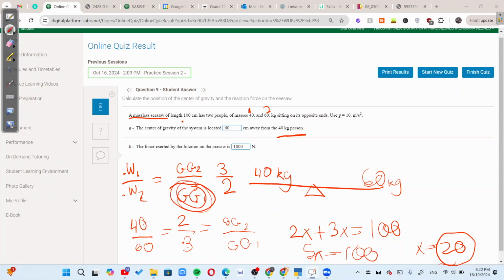So GG1, which is the distance, is 20 times his ratio. Wait, I mixed something up here. Sorry, it's not GG1.